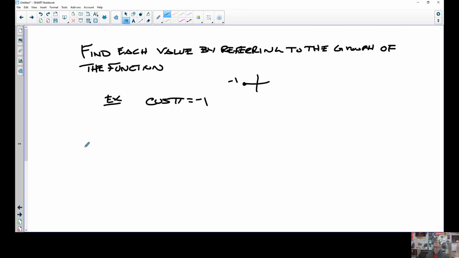I'm not that worried. The other thing they're going to ask, they're going to say find the values of theta for which each equation is true.